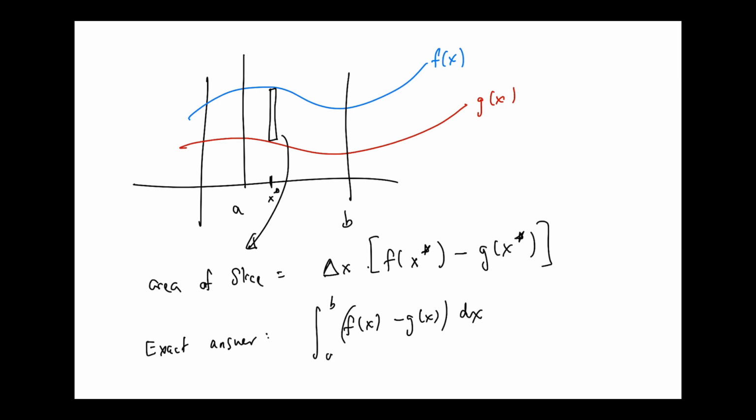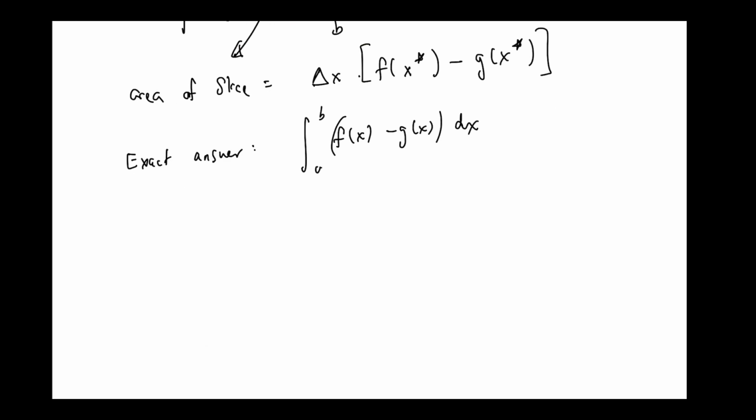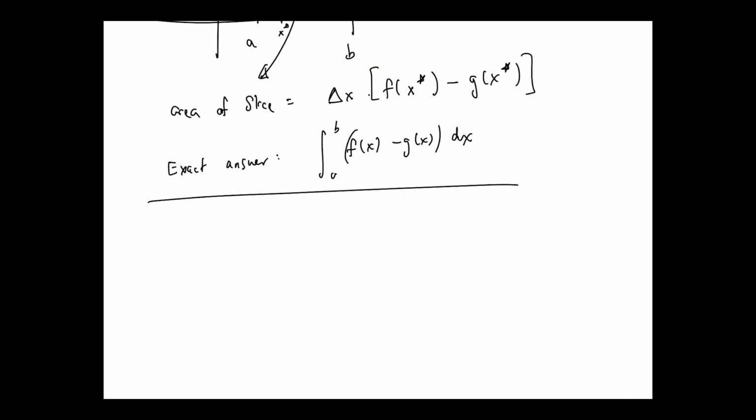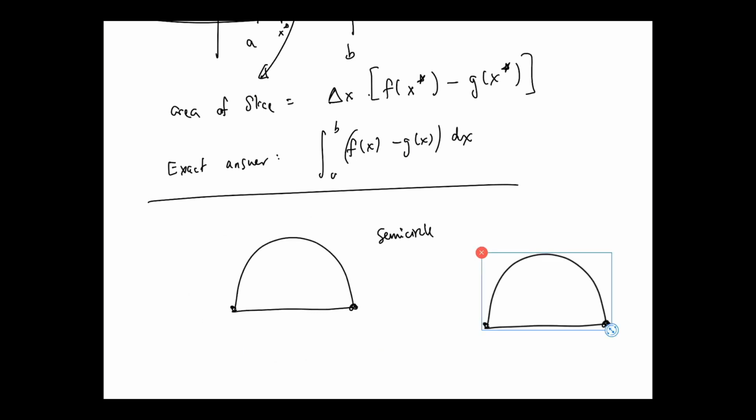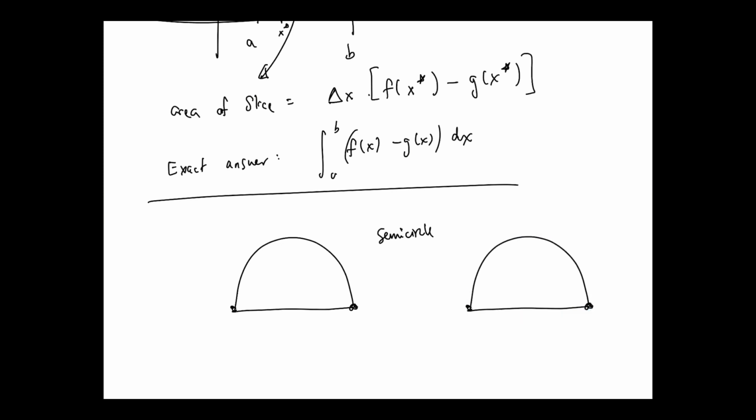So maybe another example of this would be, let's take a shape where we could do it either way. If I, for example, drew a semicircle, and let me copy and paste, let me draw two copies of the same semicircle.